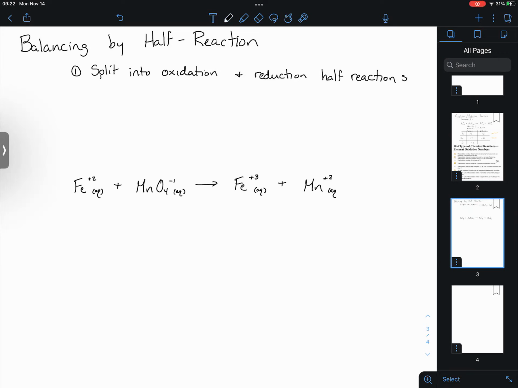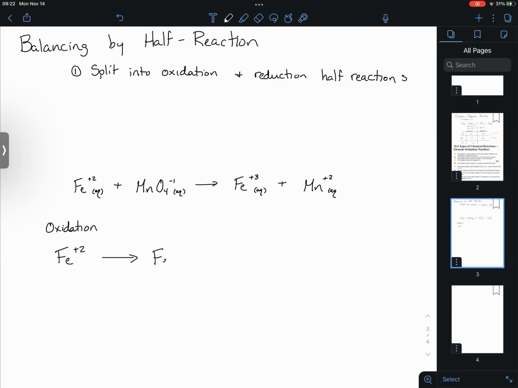So what do I mean by that? I'm going to take my oxidation reaction, where the iron 2 ion goes to the iron 3 ion. I'll be lazy with my signs here just for the sake of speed.